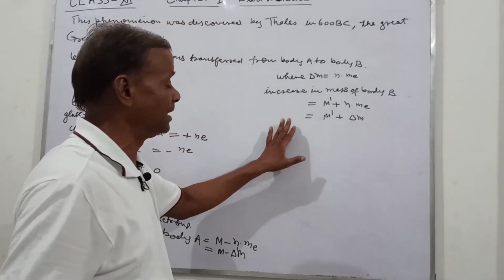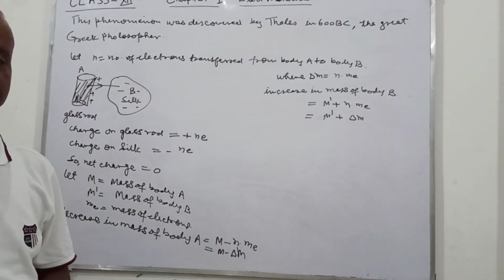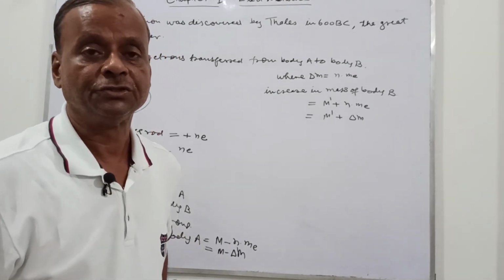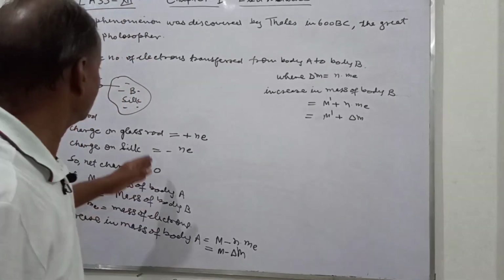So when the electrons are transferred, the masses of the bodies also change, and we also have charges on both bodies.